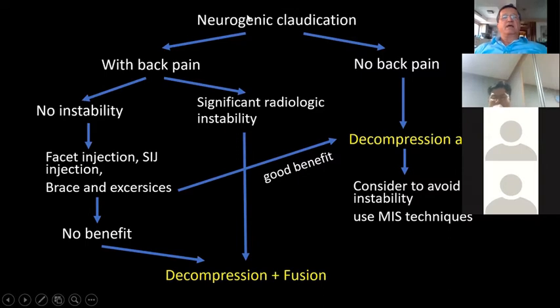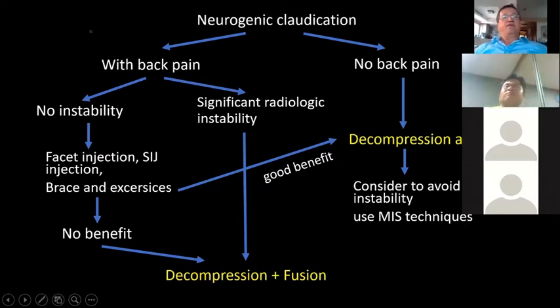If the patient has neurogenic claudication without any back pain, decompression alone is mostly justified. But we must consider avoiding iatrogenic instability and use MIS techniques.